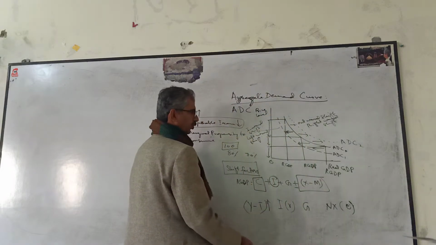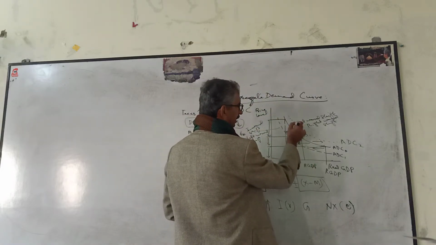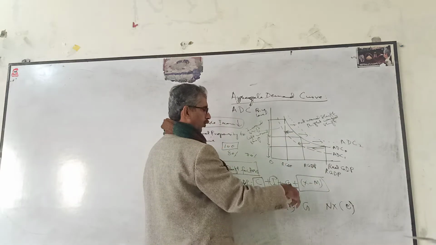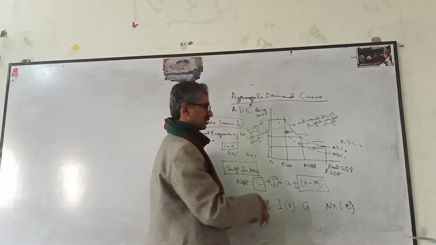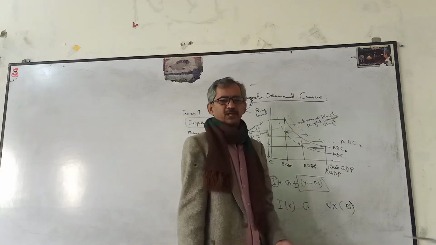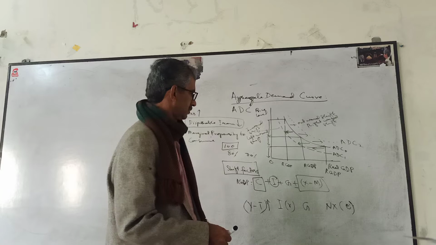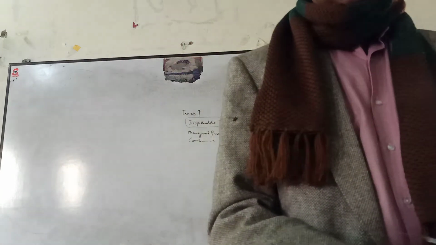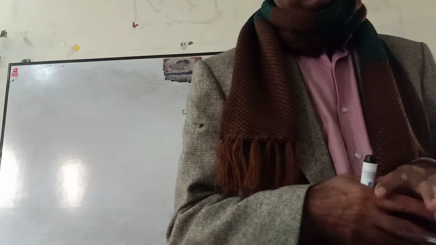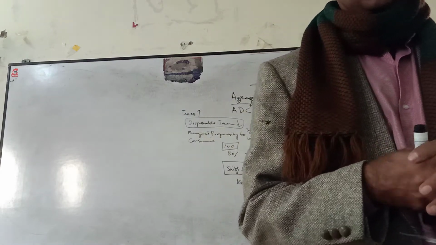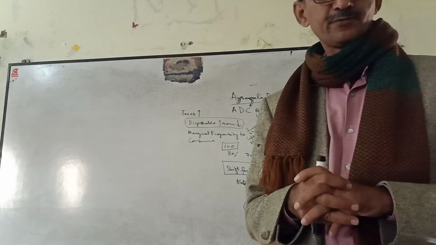If your exports are greater, there will be an outward shift. If your imports are more and your exports are less, there will be an inward shift, and that is because of the exchange rate. So these are the factors which cause the aggregate demand curve to shift rightward or leftward.